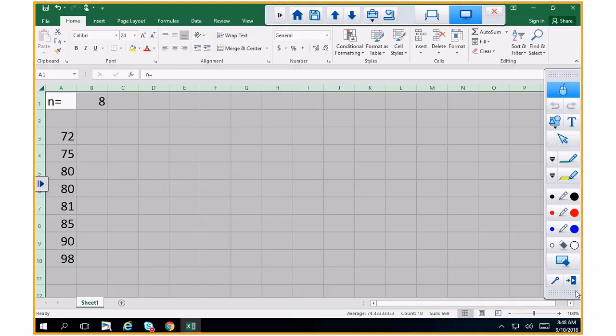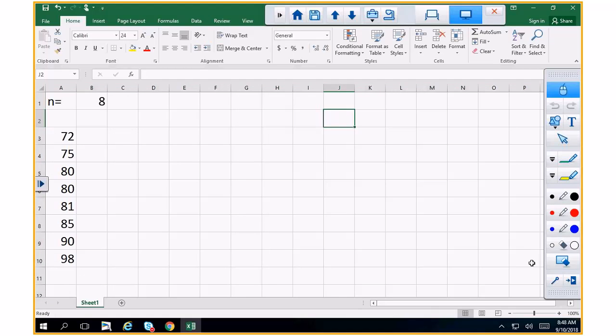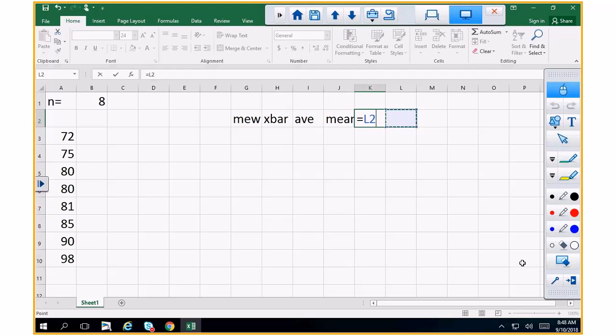Okay, so I guess y'all are done, right? All right, so let's go over this stuff. And again, this is kind of stuff that you've been doing since you were like in 7th grade, okay? All right, what is the mean? The mean is also called the average. It's also called X bar. It's also called what? Mu. All of those equal what?